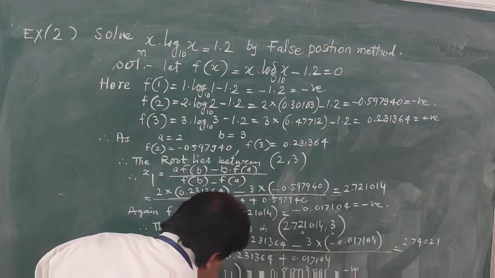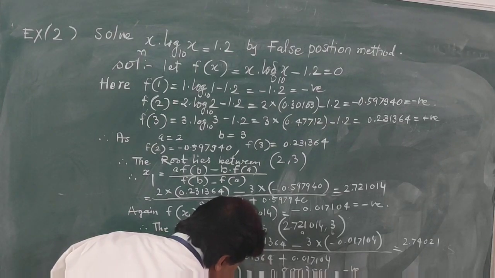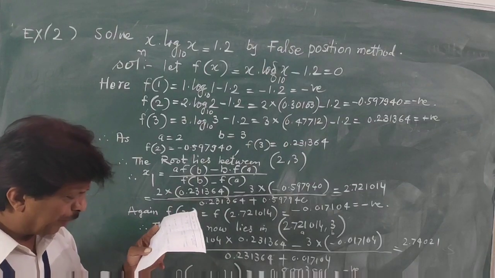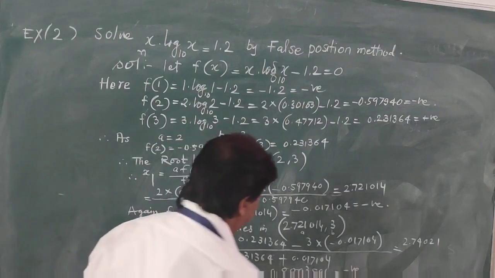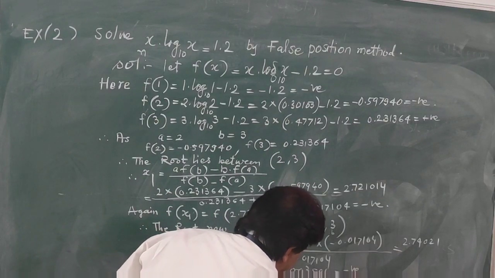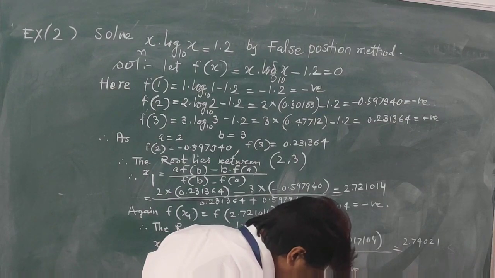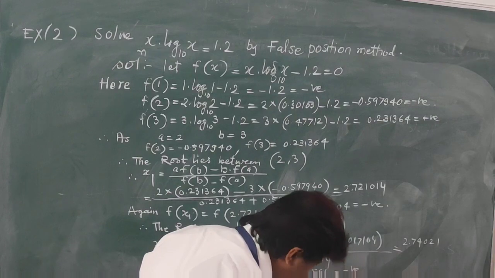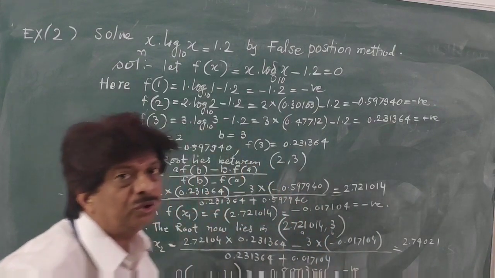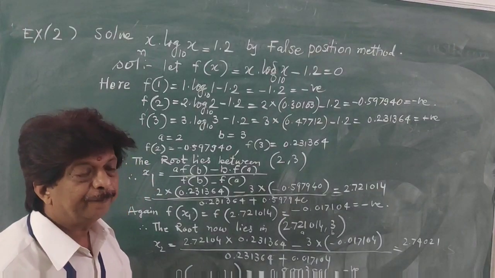x3 is 2.740627, and f of x3 is 0.00011998.